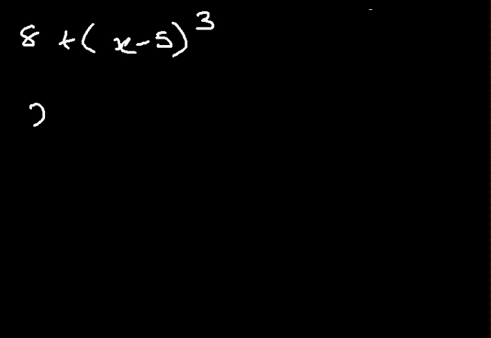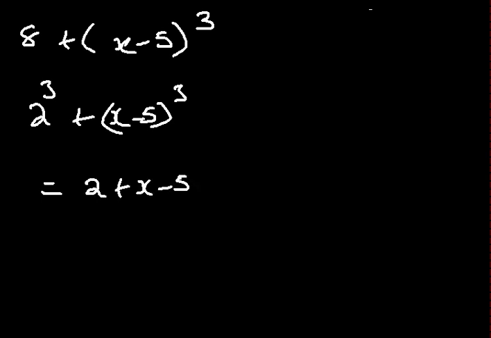Which means we can have 2 to the power 3 plus (x minus 5) to the power 3. So we'll have it as, following the principle behind the sum of two cubes as we have already expressed, 2 plus (x minus 5).